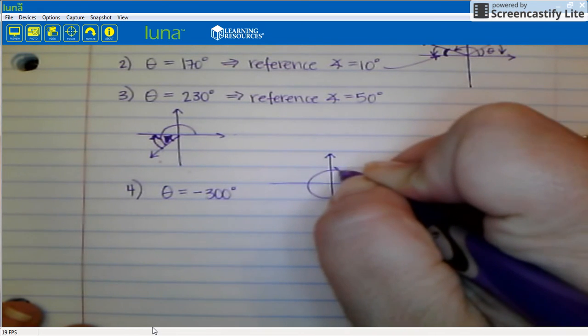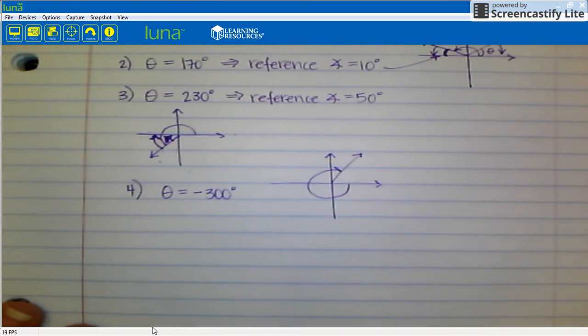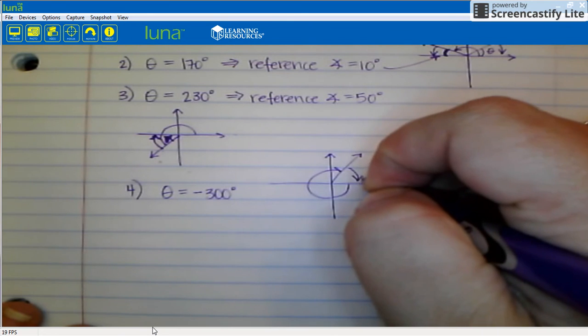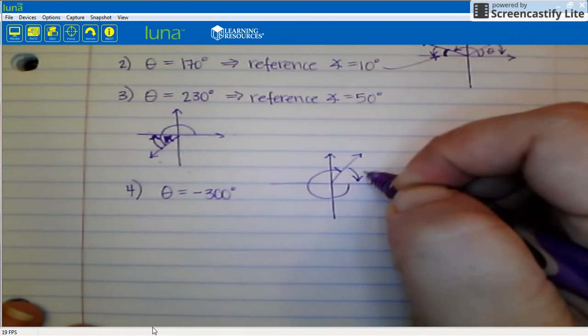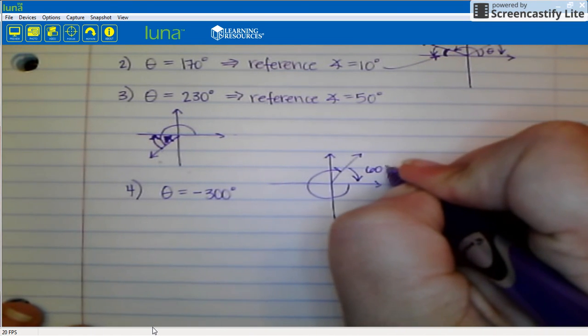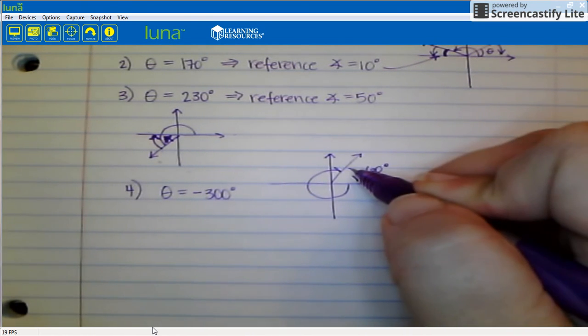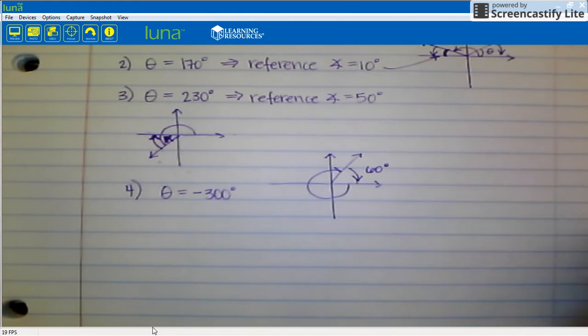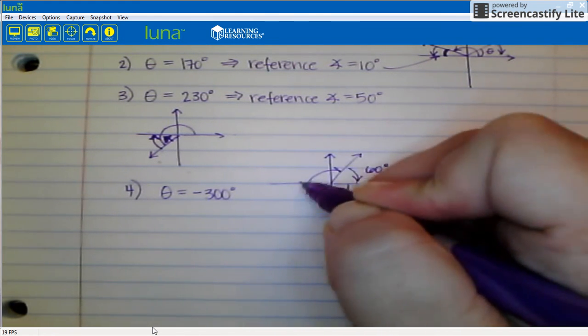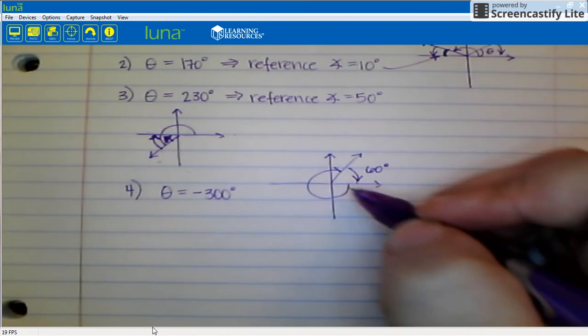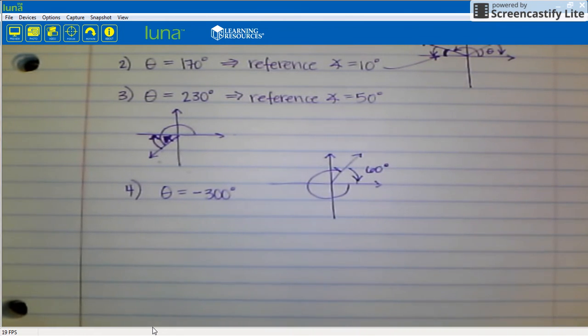So I'm going to be here. My reference angle is going to be the angle that brings me to the x-axis. So this reference angle is going to be 60 degrees, because I have to travel 60 degrees more to get back to the x-axis and still be acute. I could go back the other way, but that wouldn't be a reference angle because it's not acute. It has to be less than 90 degrees.